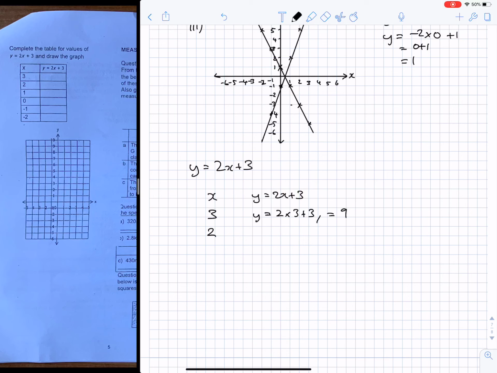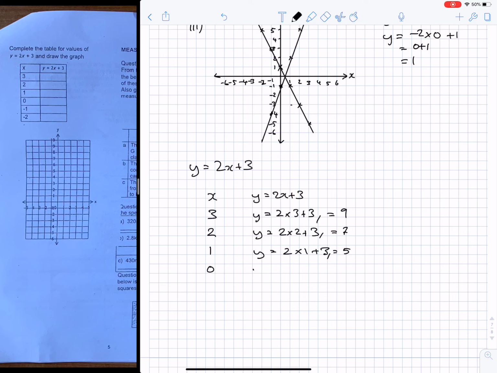When x equals 2, y equals 2 times 2 plus 3, 4 plus 3, 7. When x equals 1, y equals 2 times 1 plus 3, which equals 5.